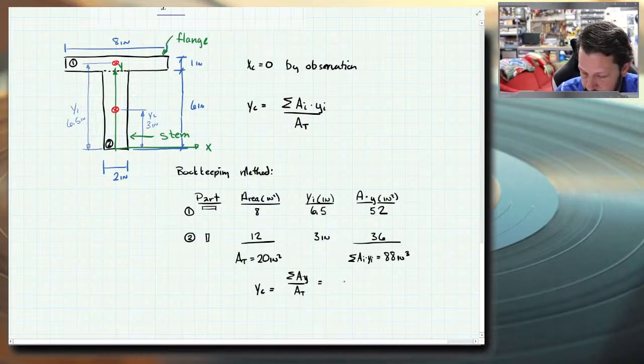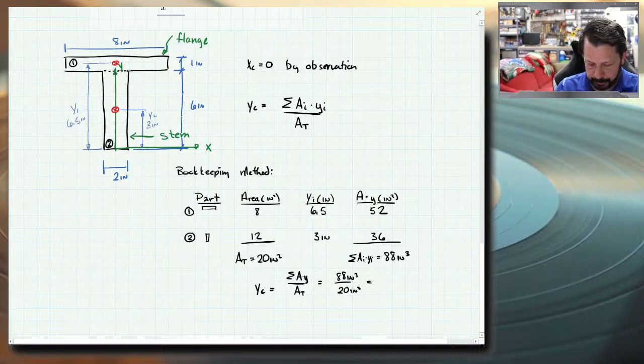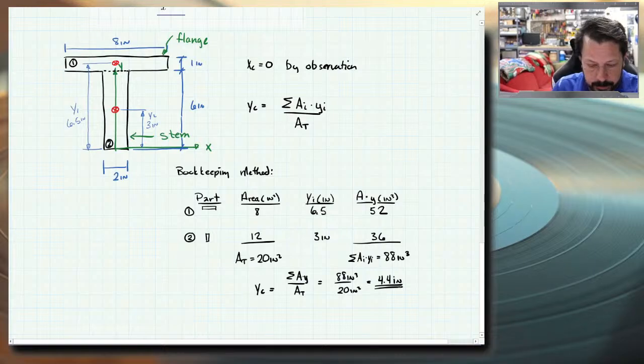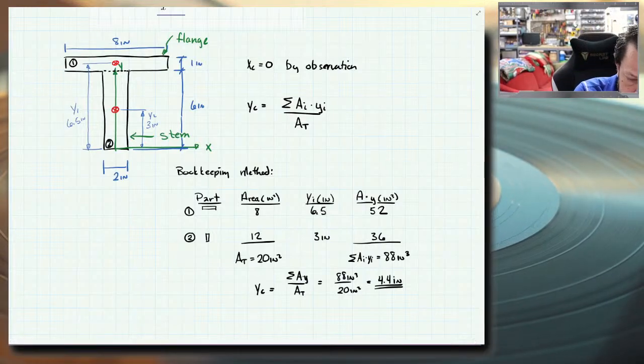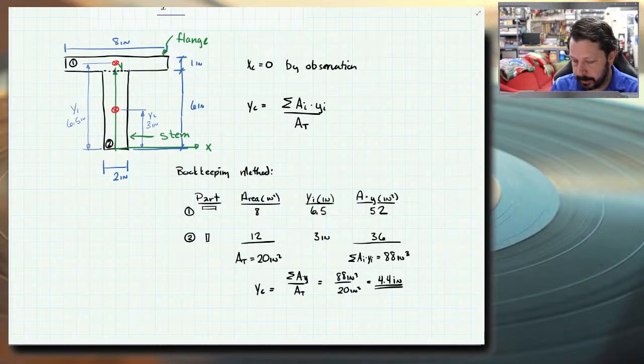I have those two numbers, 88 inches cubed over 20 inches squared. My units come out in inches, which makes sense. 88 divided by 20 is 4.4 inches.